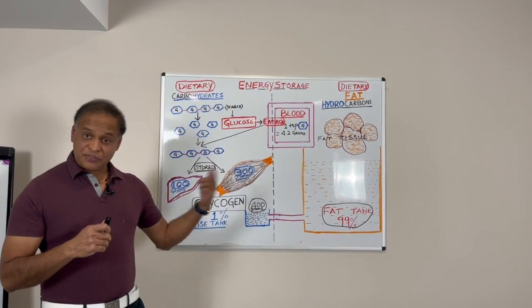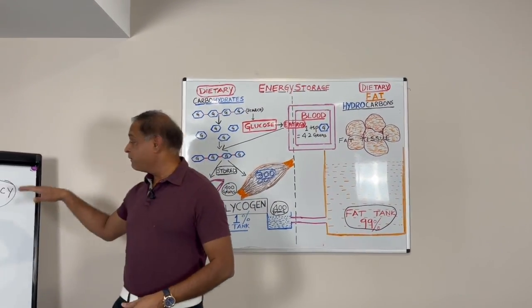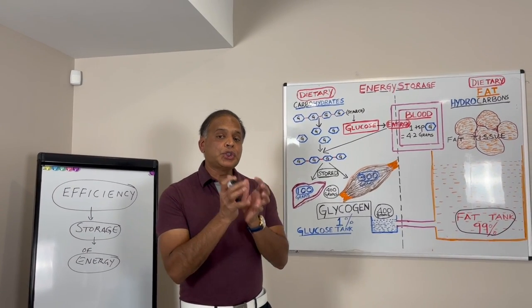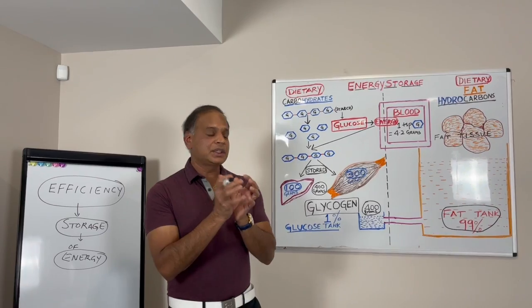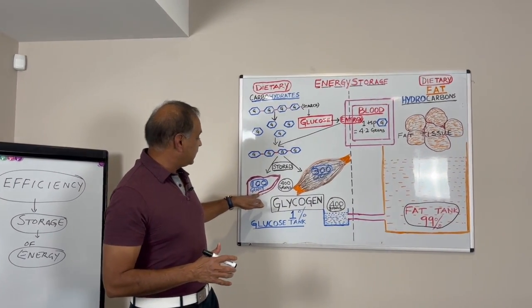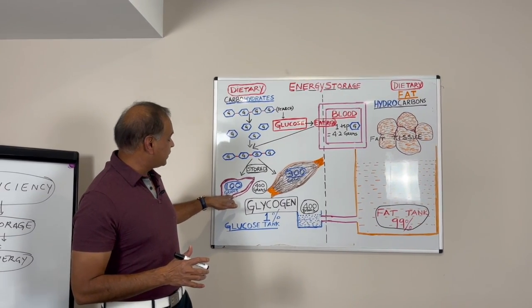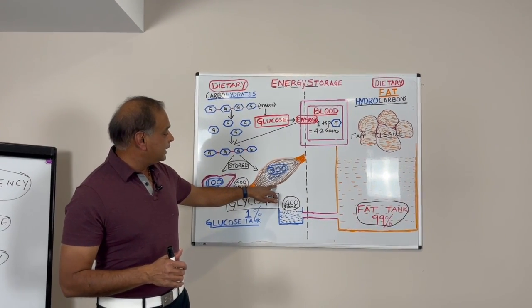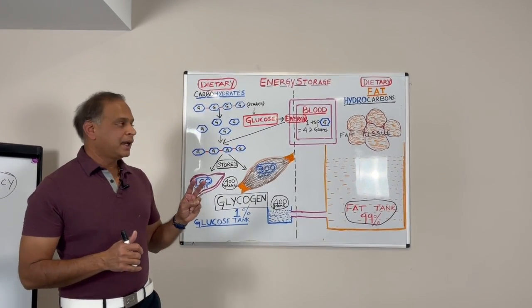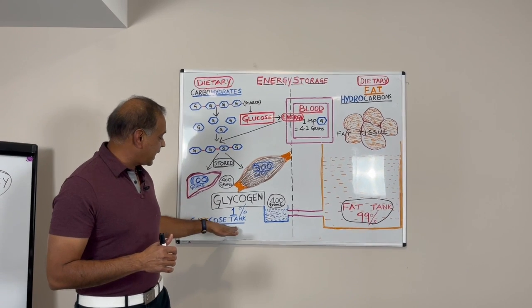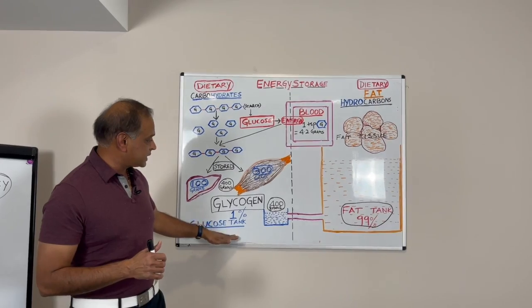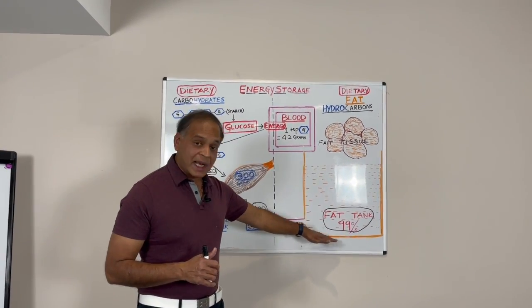So the body is very efficient in putting it away into a very small storage tank, which is glycogen, stored in the liver at 100 grams and 300 grams in the muscle. The storage tank of glycogen, the carbohydrate reserve, is only 1% and the rest is fat, which is 99%.